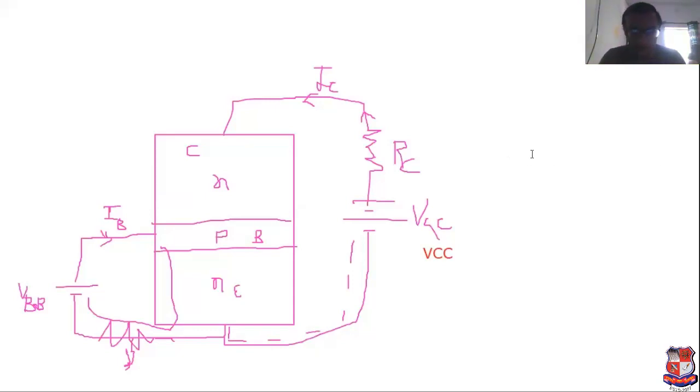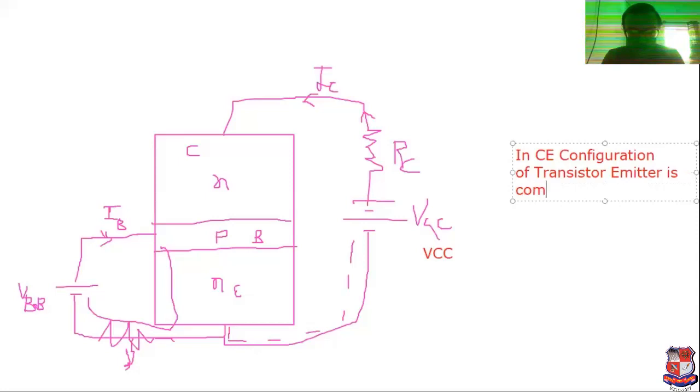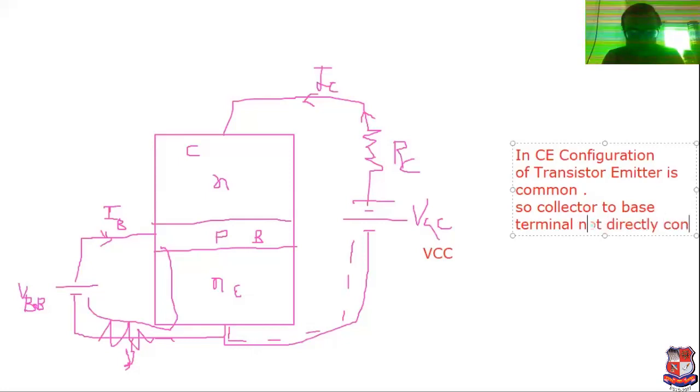So here I have written that in common emitter configuration of transistor, the emitter is common, so the collector and base terminals are not directly connected with each other.